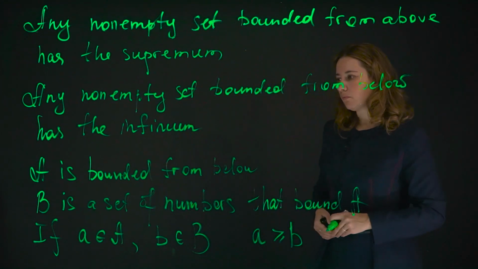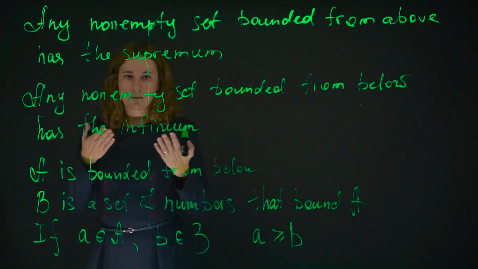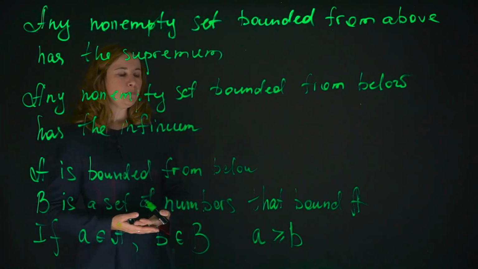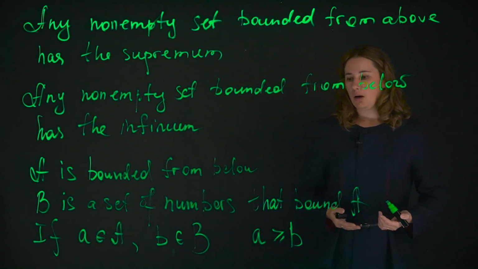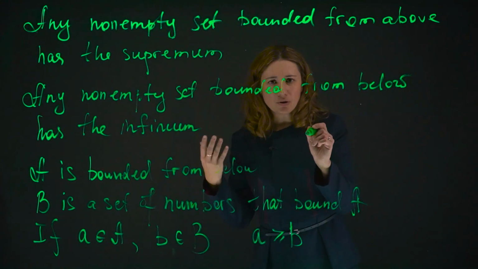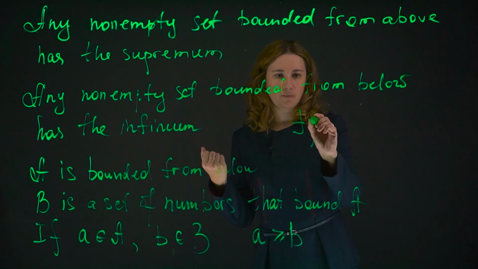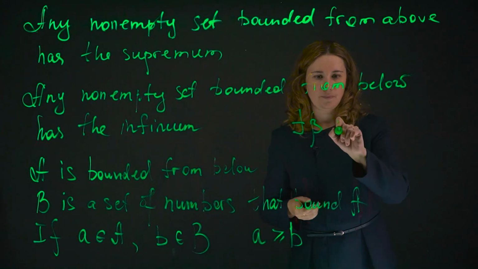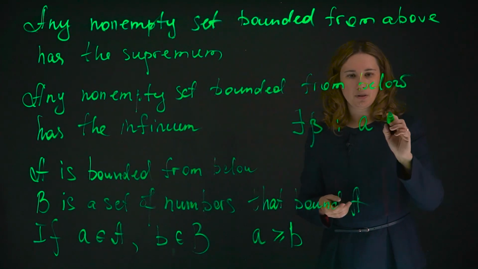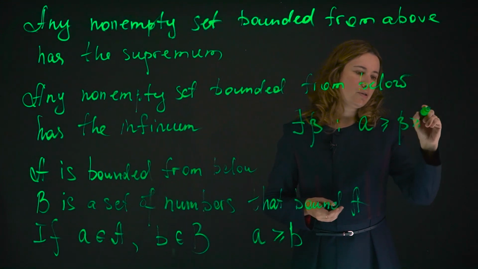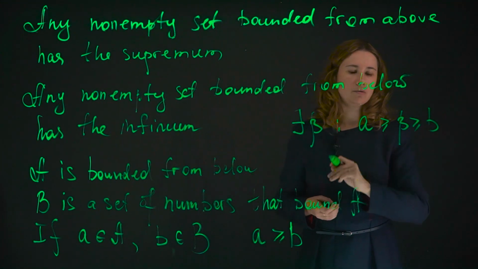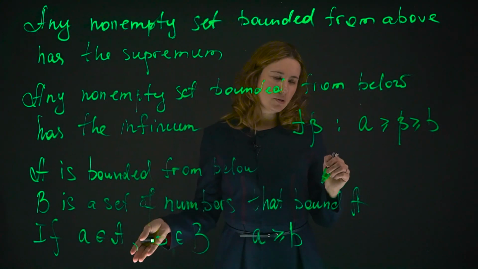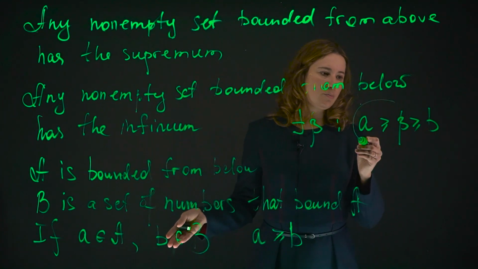Now, let's use the same strategy, the same property, the continuity property of real numbers. According to this property, there exists a number beta such that beta is greater than or equal to B and less than or equal to A. And now, as in the previous case, let's consider this part.